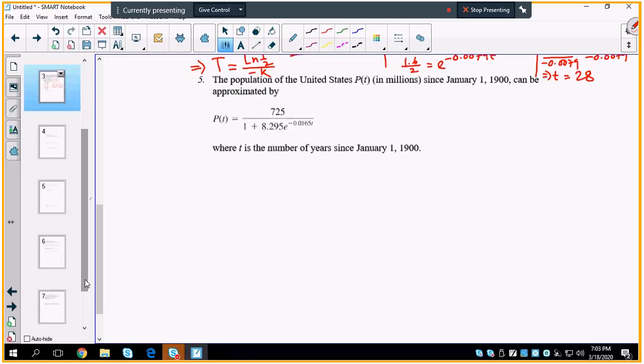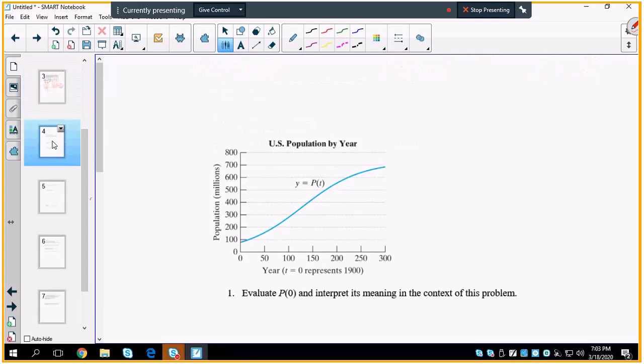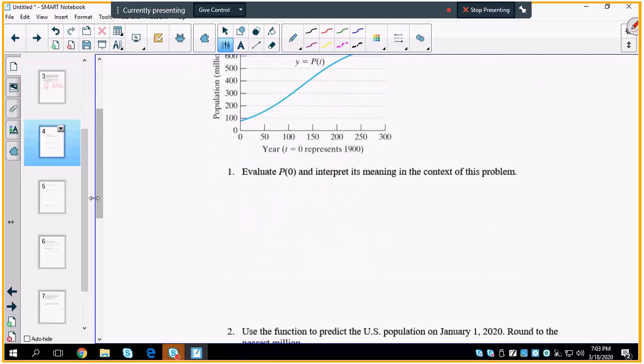The question is: evaluate P(0) and interpret its meaning in the context of this problem.